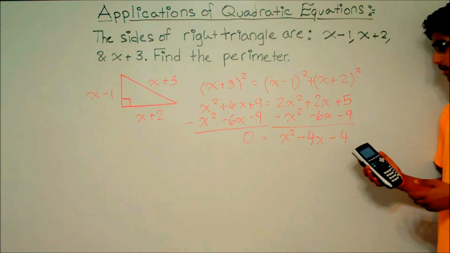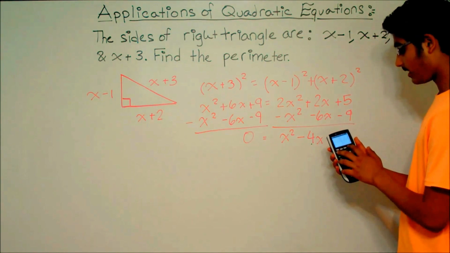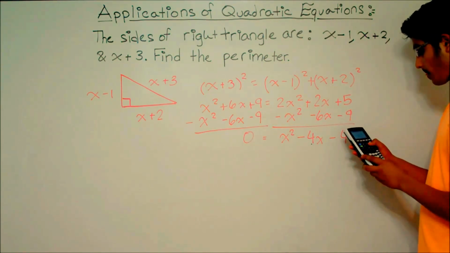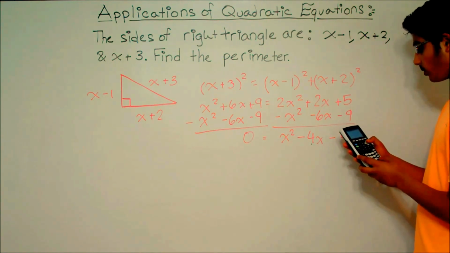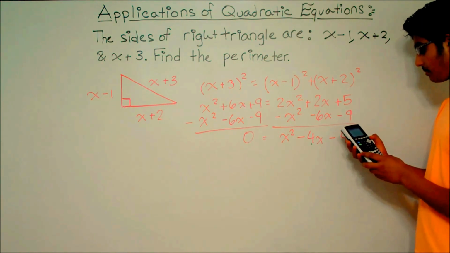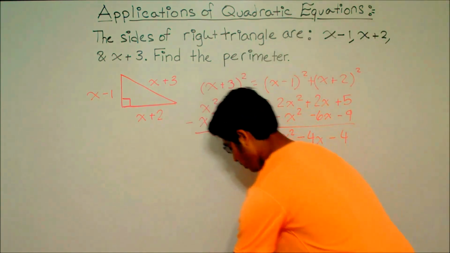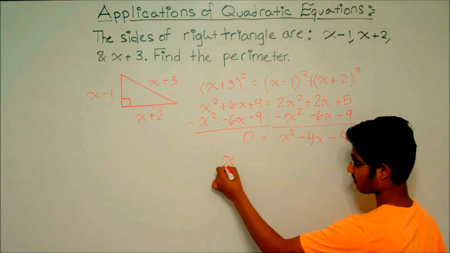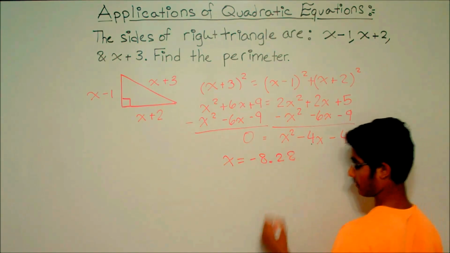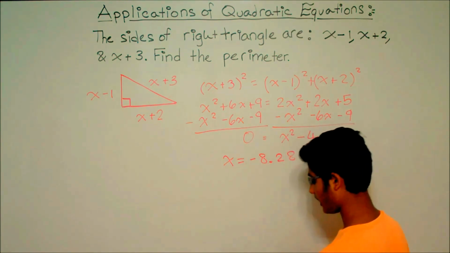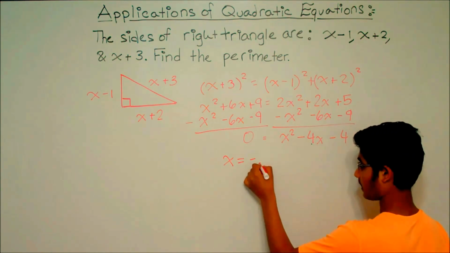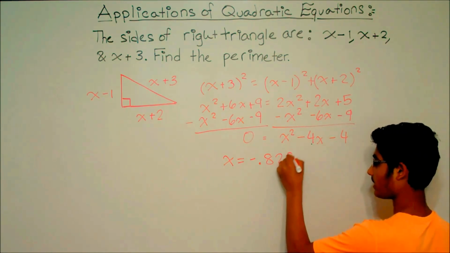And so now, to find the roots, we have to do second trace, zero. So one root is x is equal to negative 0.828.